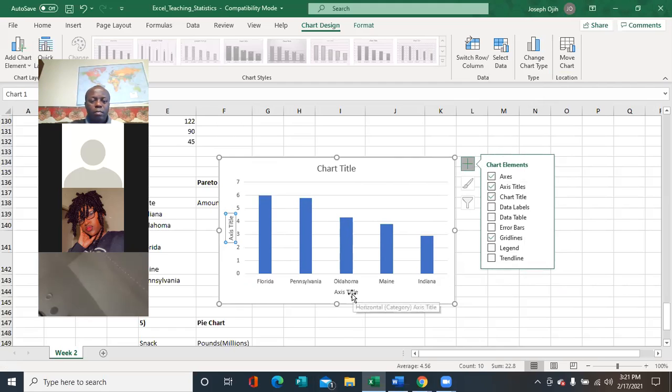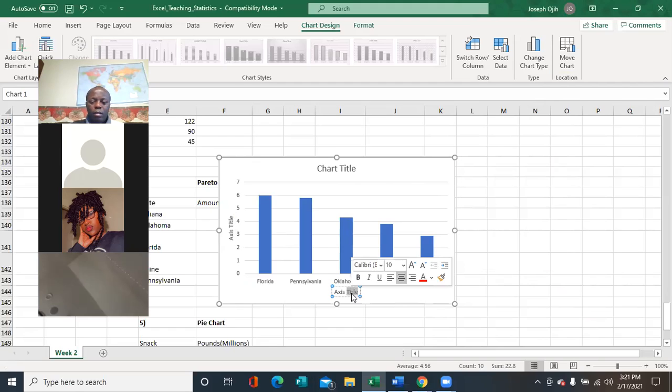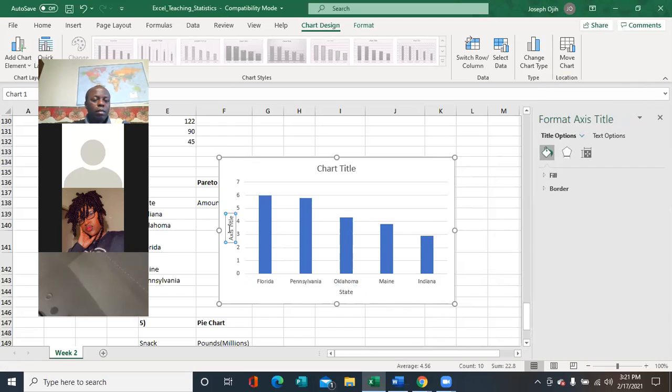Okay, this is the state. This is for state. This is the cost per mile, cost per mile in cents.